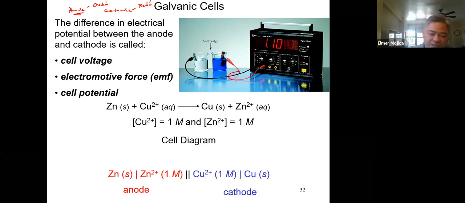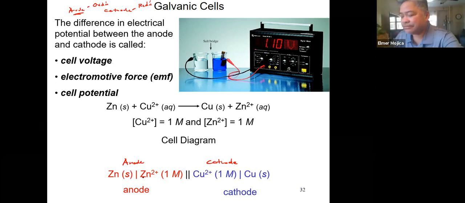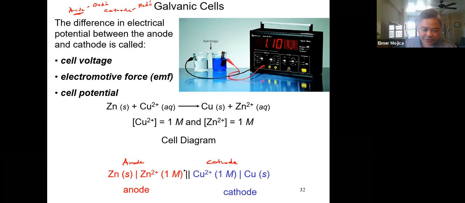We also discussed what we call the cell diagram, wherein we put the anode on this side and the cathode on this side. Each vertical bar means a difference in physical state. The double bar is what we call the salt bridge.